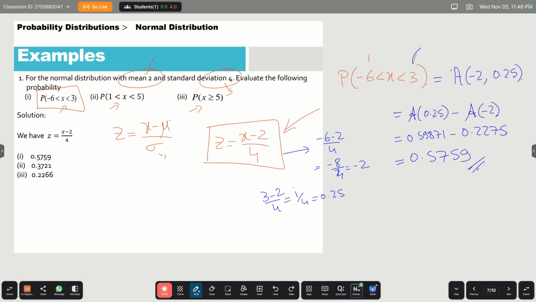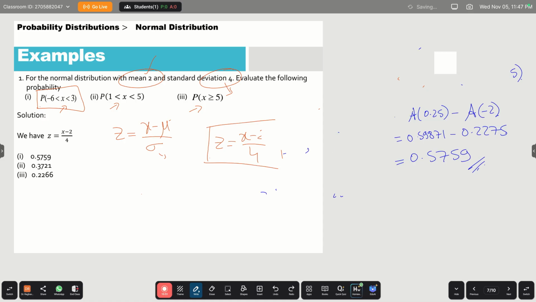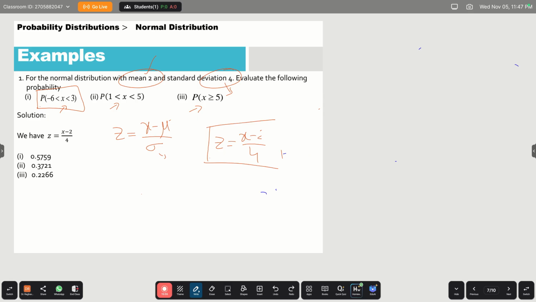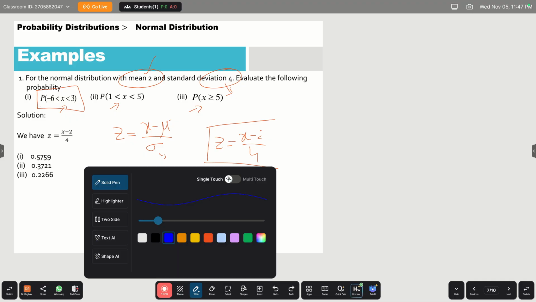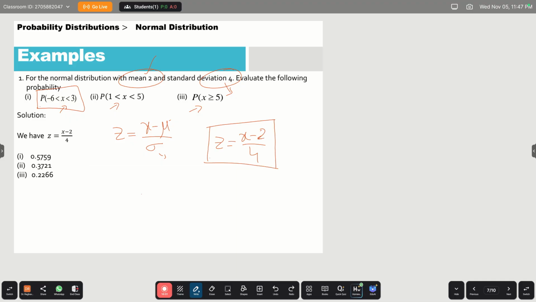Similarly, you can find the other probabilities. I'll just quickly calculate them, so if you have understood, you can just skip this part. The z substitution is (x - 2)/4. The second one is the probability of 1 < x < 5.